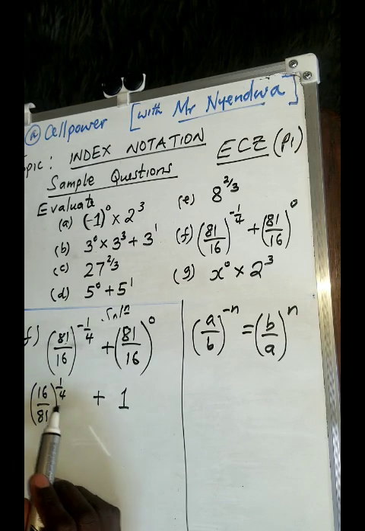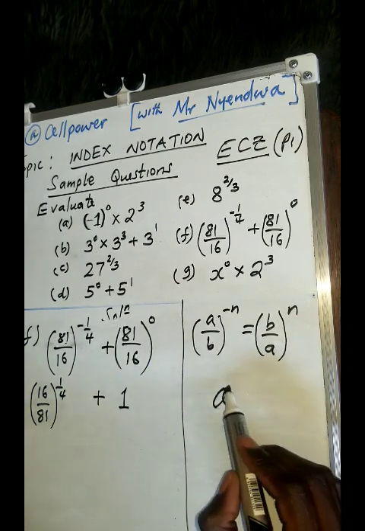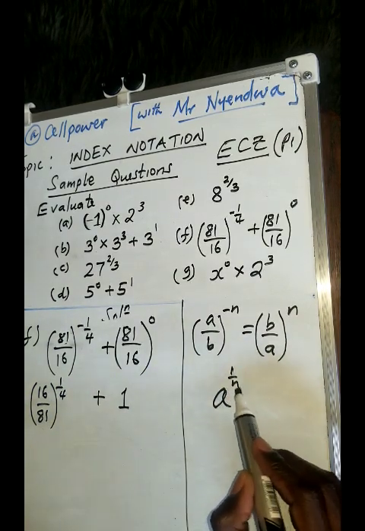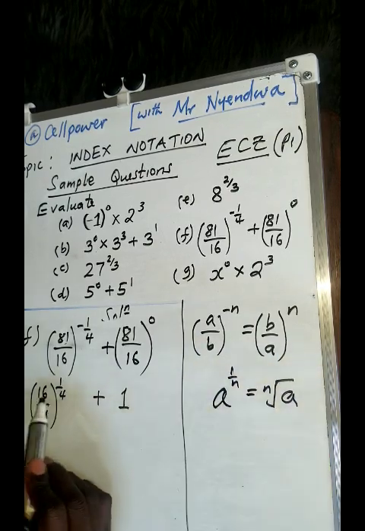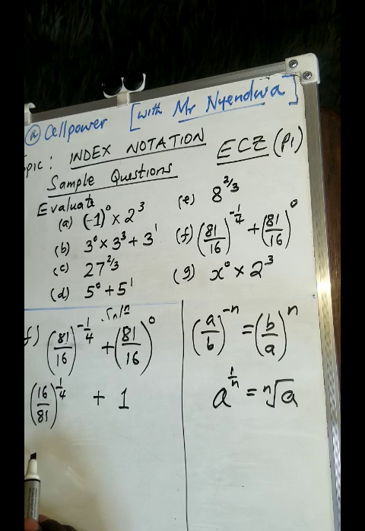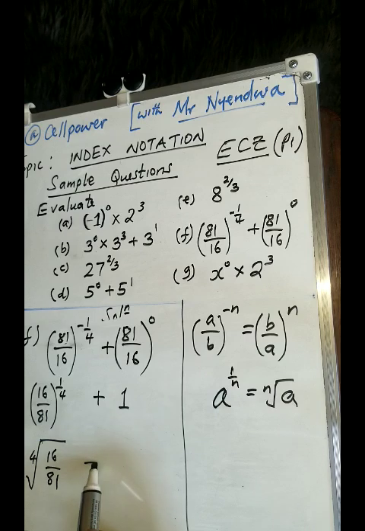Now, of course, according to the rule, if you remember that a raised to the power 1 over n would mean it will be the nth root of a. So we can write all this as the fourth root of 16 over 81 plus 1. Now, what does fourth root mean?